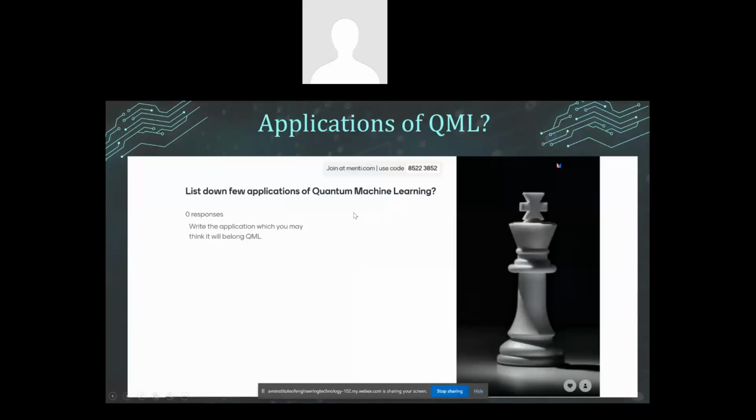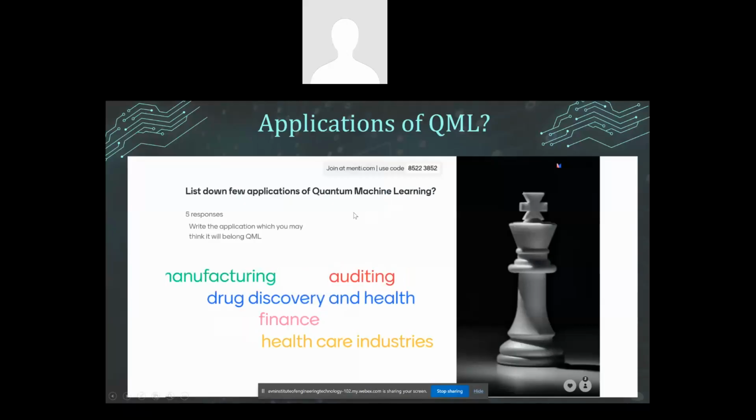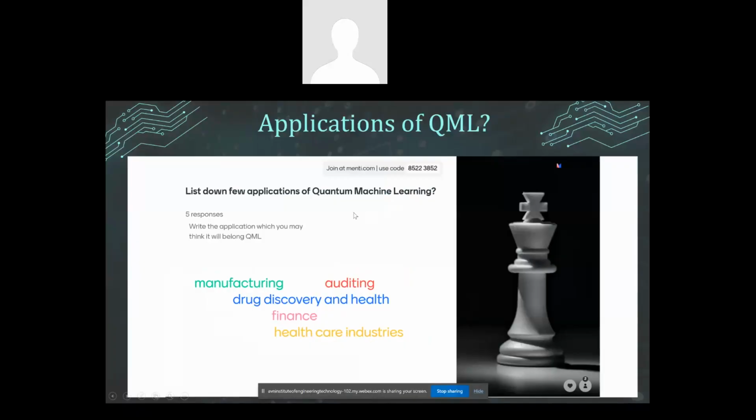You can imagine, even if you say finance sector, we can leverage these things into very different categories also, right? Finance is a huge topic, so inside finance we can leverage it to different departments or different fields. Okay, manufacturing, okay, good, auditing, drug discovery, okay, health finance.